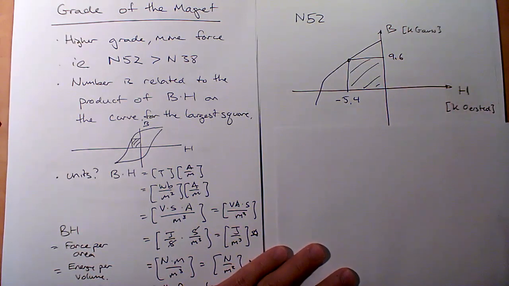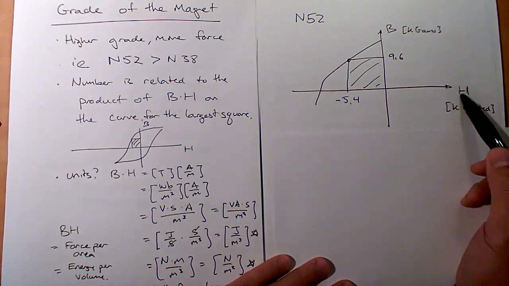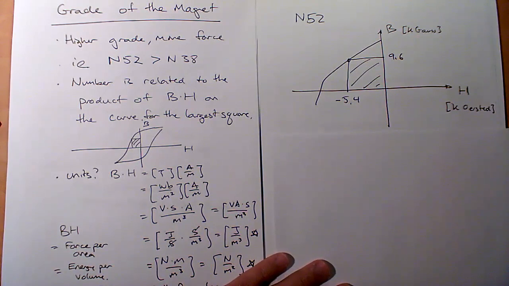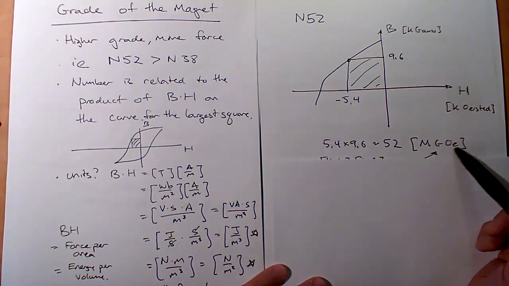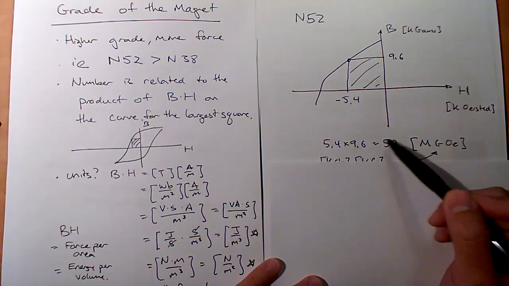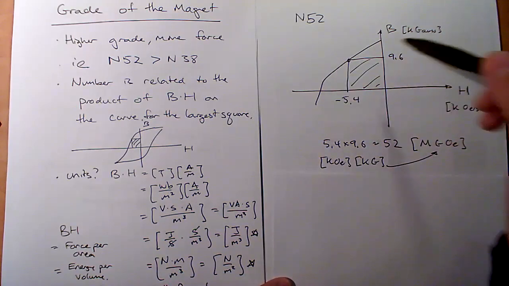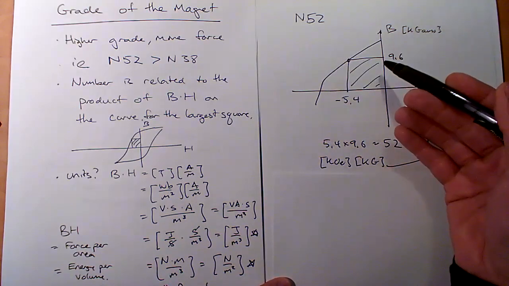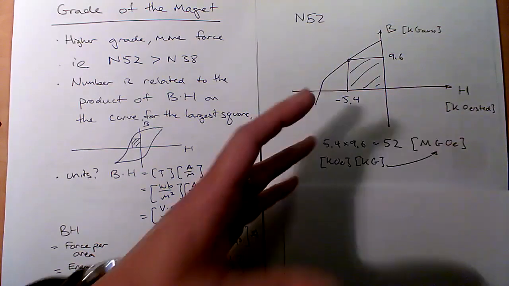And there's kilo-Oersted. Remember, Oersted was also a unit of magnetic field intensity. So the kilogauss times the kilo-Oersted, that number in mega Gauss-Oersted is going to be approximately 52 for this case. If you saw this curve, this would be a grade N52 magnet, all right? So that's how they get that number.